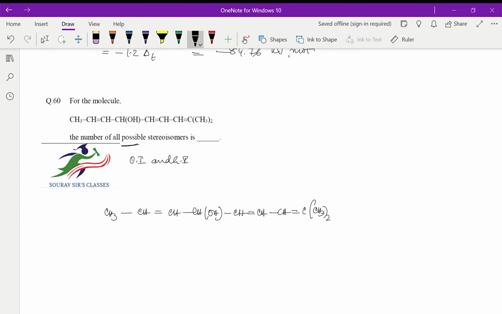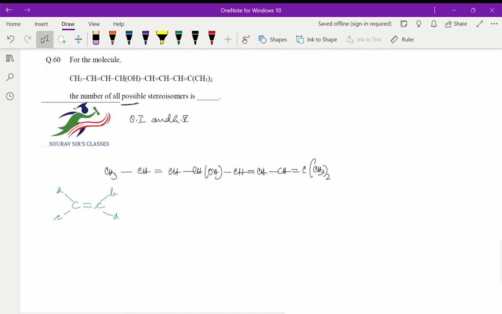For that, we first need to understand that GI will be shown when the groups are across a double bond, or a spiro system, or say a biphenyl. For a C double bond C system, that is an alkene system, if A is equal to C or B is equal to D, then it will not show GI.